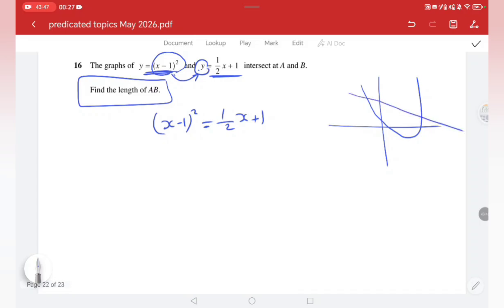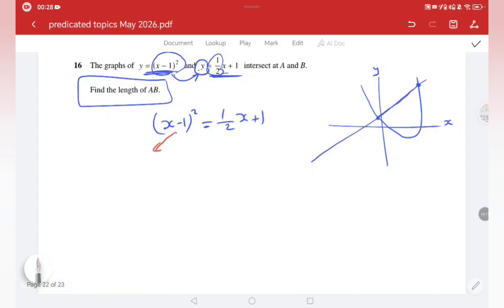Oh, this one is positive, so it has to be something like this. They are just asking about these two points of intersection. You find them, then find the length of this line.